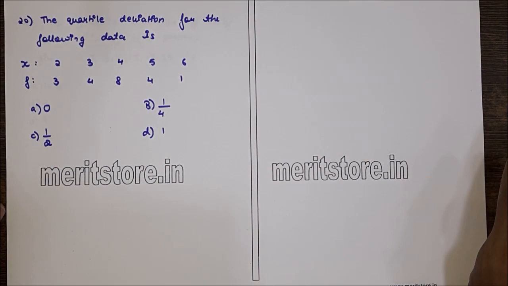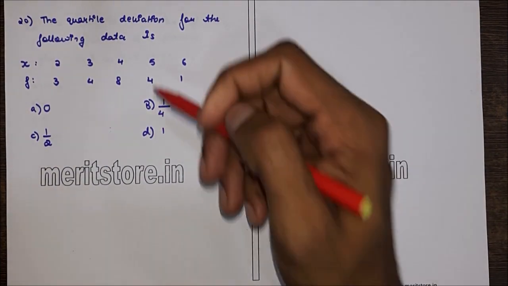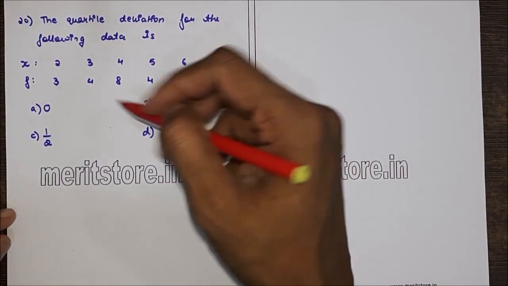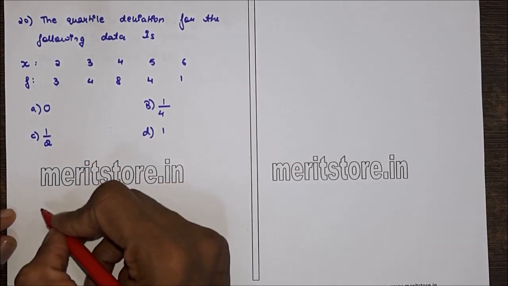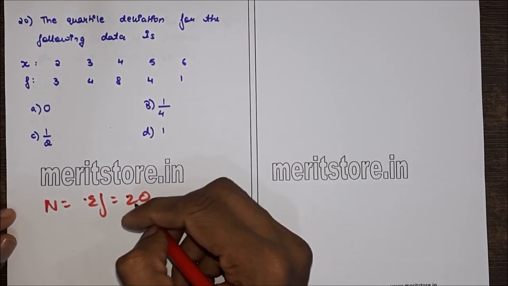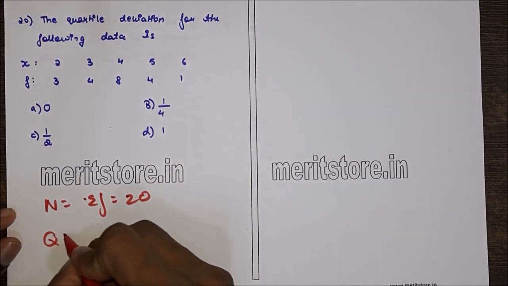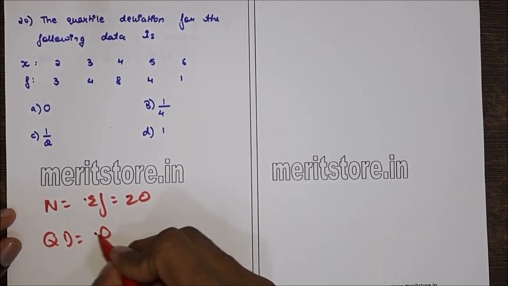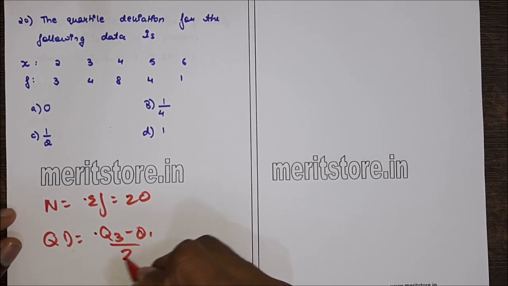Question 20. The quartile deviation for the following data is given in the following table. So we have four options. We have n equal to summation of f, which is equal to 20. For the quartile deviation, we know that QD is equal to (Q3 minus Q1) upon 2.